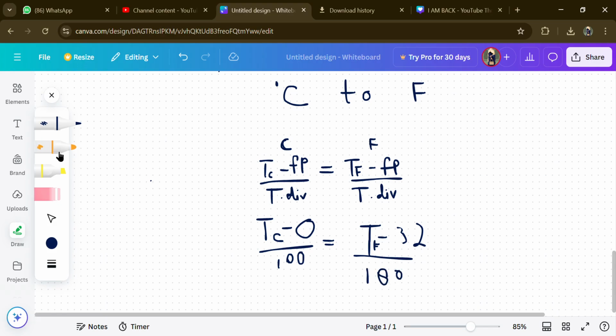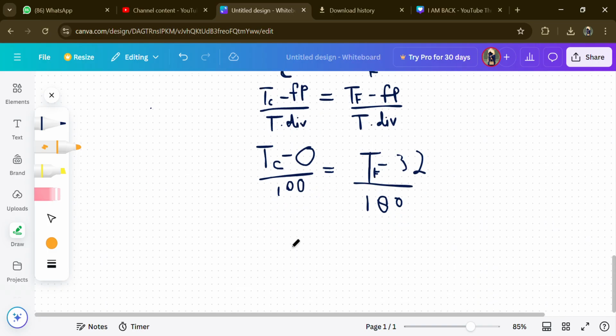Okay, now we'll mathematically solve it. Any number that is cancelled out with 0 is equal to that number, so we'll directly write TC. Then this 180 is being divided here.